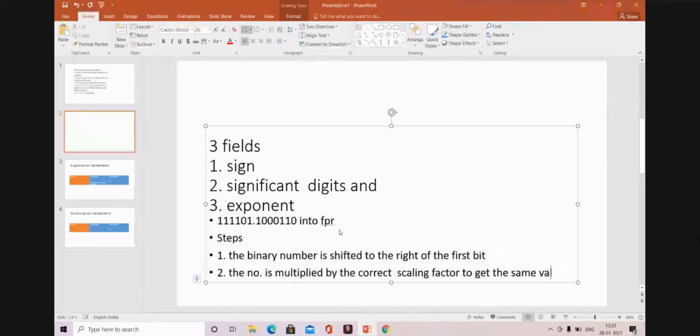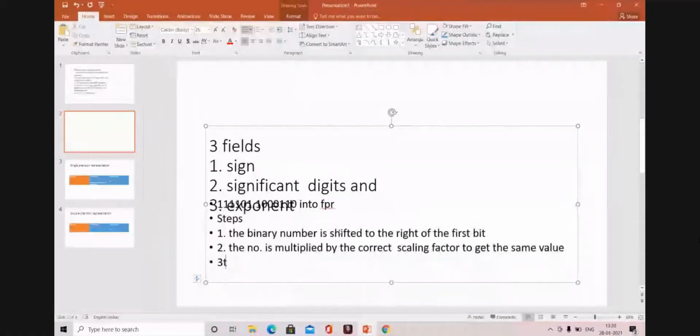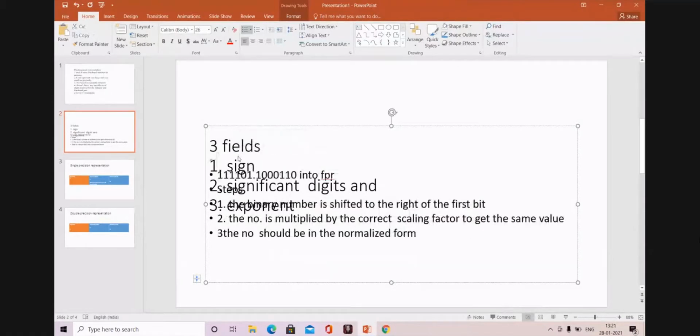We will talk about what the scaling factor is. The third step is that the number should be in the normalized form. So if you see here, I'll just remove this. You have to note it down.